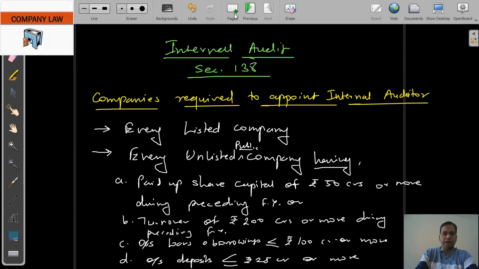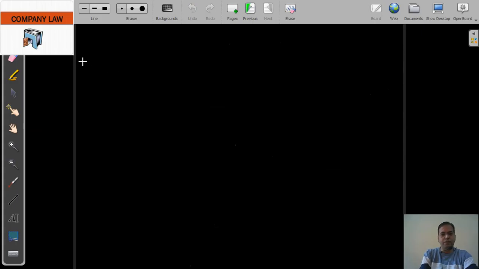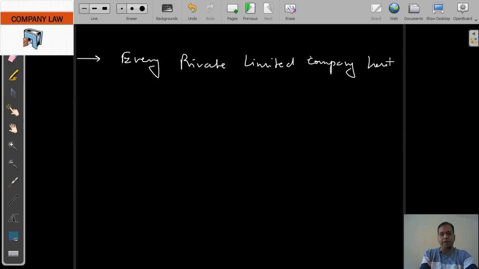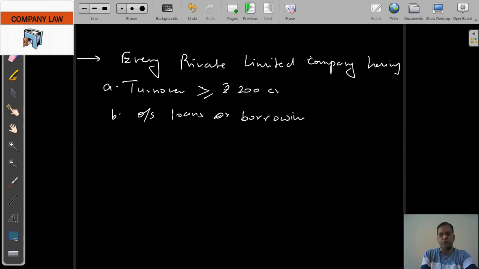For a private limited company, every private limited company having turnover of more than or equal to 200 crore and outstanding loans or borrowings of more than or equal to rupees 100 crore.